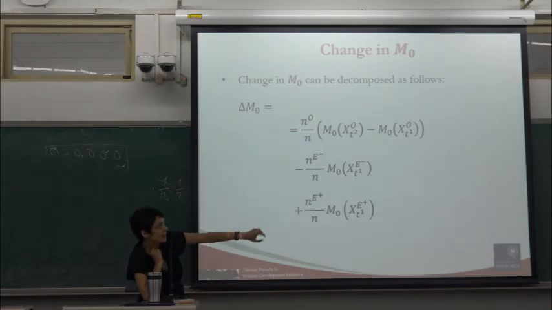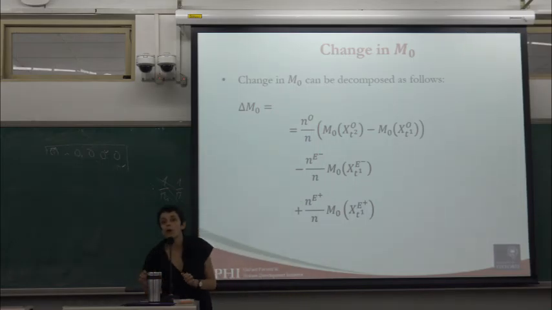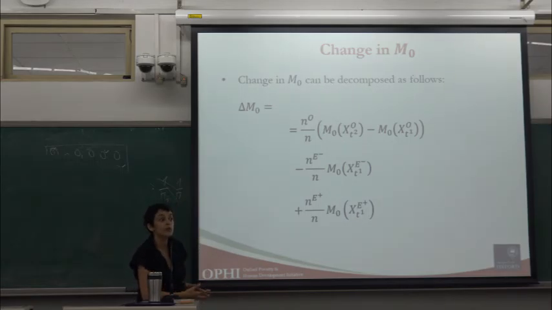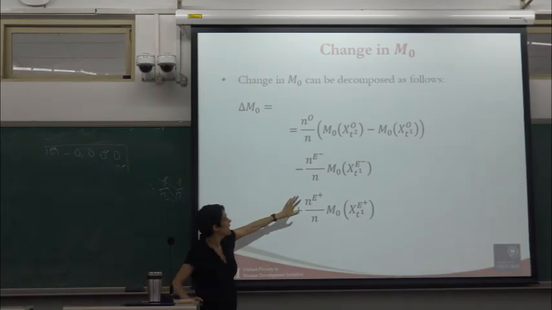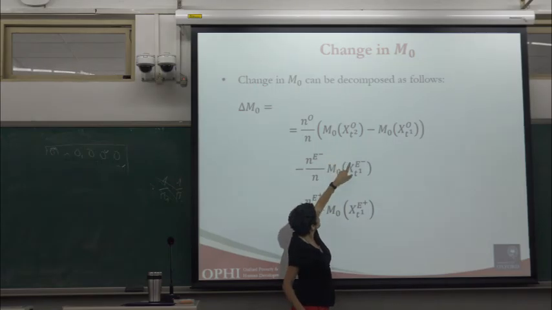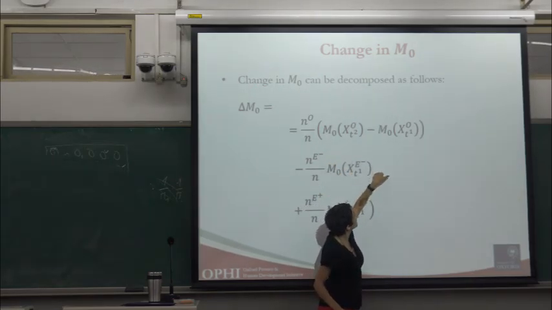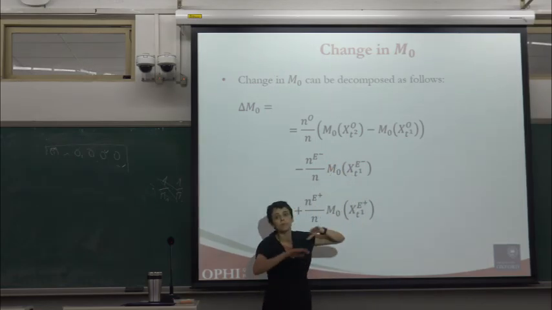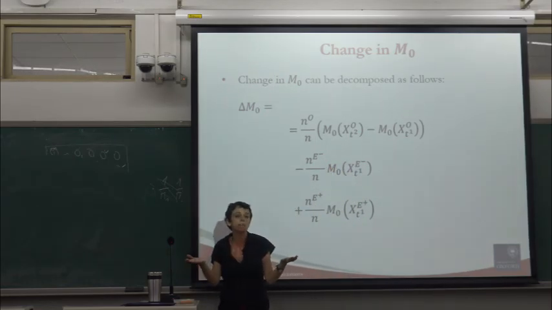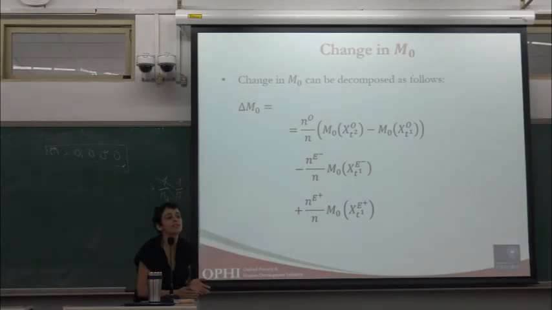The second is those who exit poverty. What's the change in the M0 of those who exit poverty? They were deprived. You could put M0 of the exit group in T2 minus M0 of the exit group in T1. But in T2 it is 0. They are no longer there. So there is no poverty in this group in period 2 by definition, because they are no longer poor.